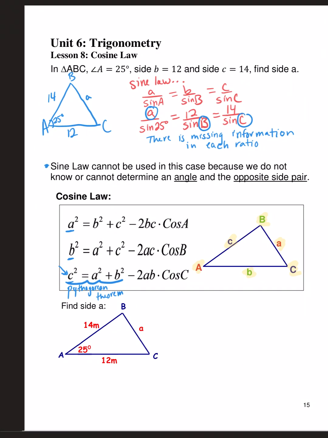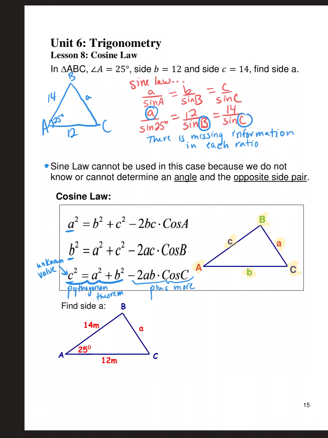So whatever's on the left of the equal sign, this represents our unknown value. Okay, that's what we're trying to find. So that's why that always goes on the left. And then the other two sides come on the right side of the equal sign. Plus, you have a bit more here.